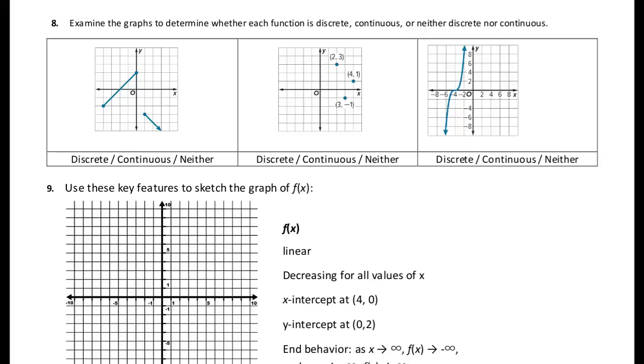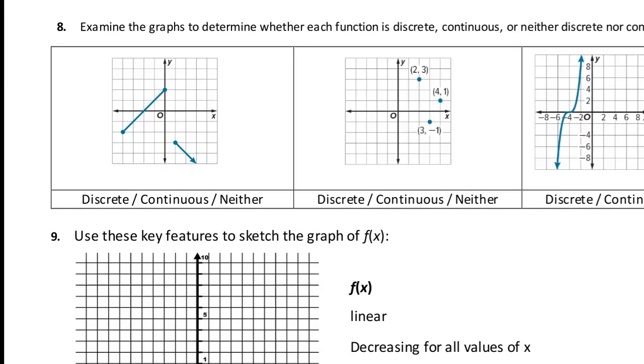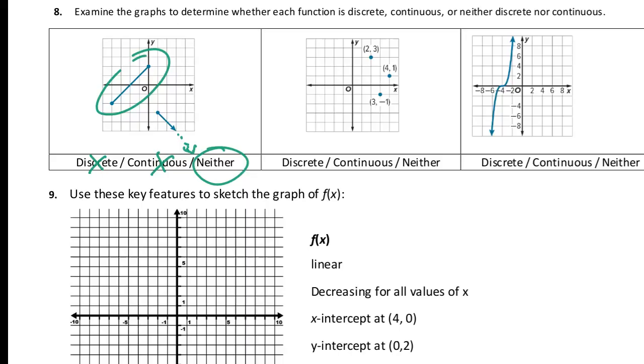It's neither. Yeah, it's not discrete. Discrete are the dots, and continuous, this one is, because it's got an arrow, but this one isn't. So I'm thinking this is neither. It's not discrete, that's the dots. It's not fully continuous, so I'd say that's a neither.